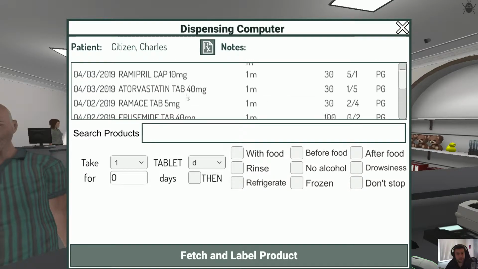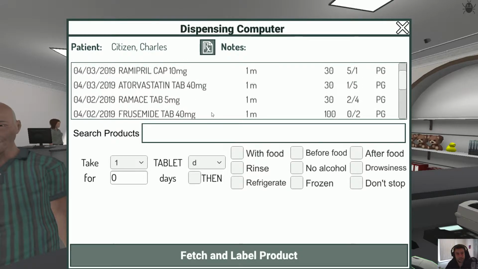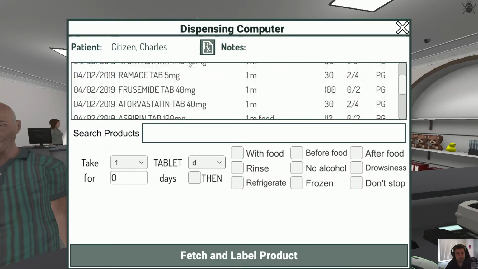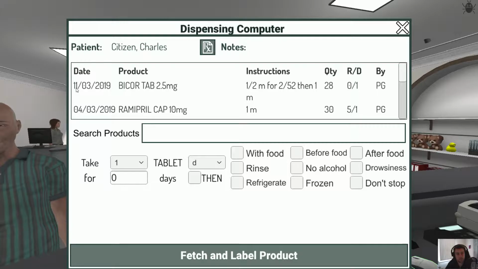Right, so we've got various heart failure related medications here. Probably the critical one here is this lower dose of Bicor. I'm recording this on the 1st of April. Three weeks ago he was given the 2.5 milligram tablets, half a day for 2 weeks, then one a day.